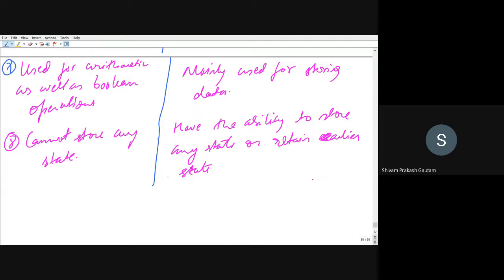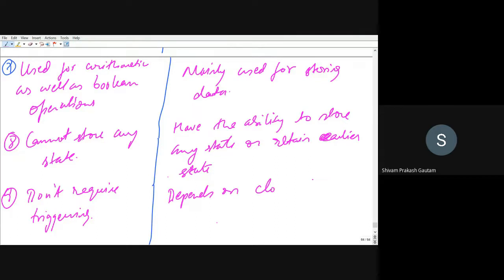Okay. Next difference, that is difference number 9. It doesn't require triggering, whereas this depends on clock, or you can also call it triggering.